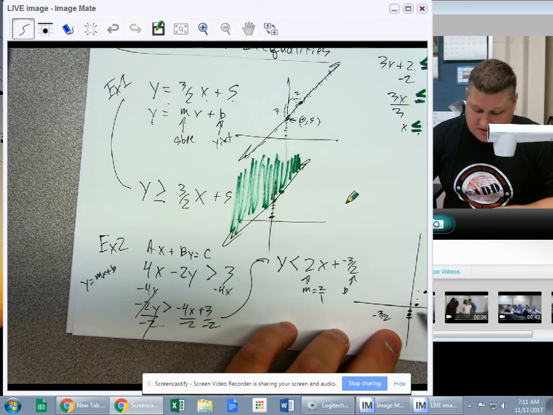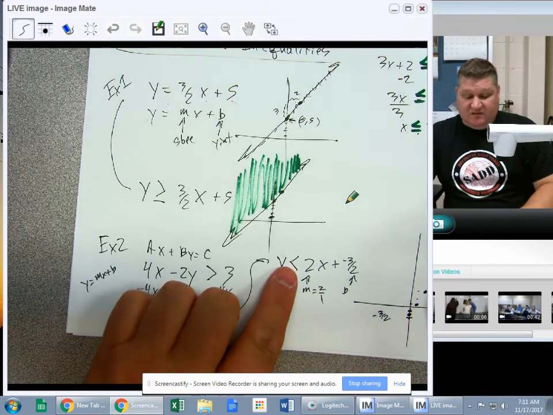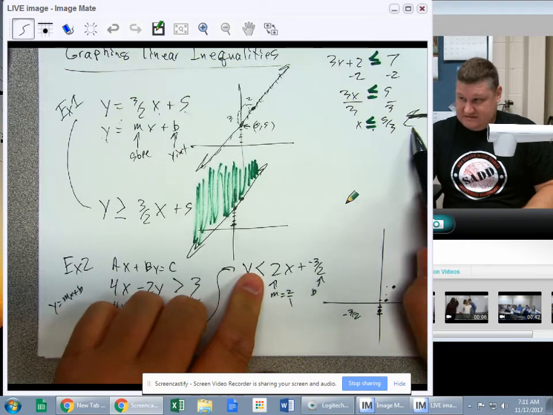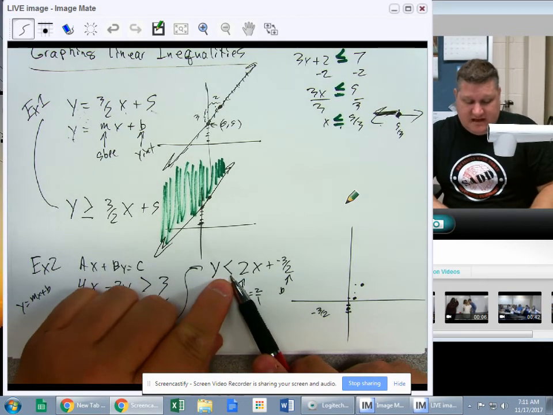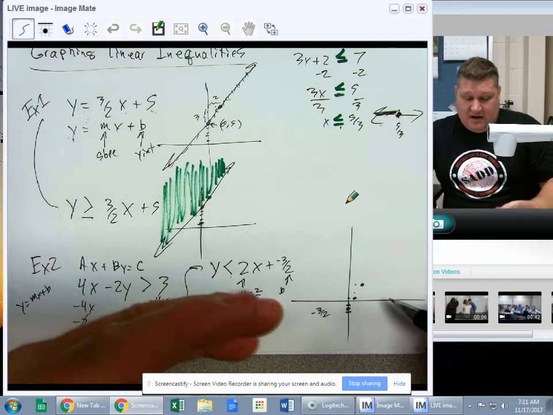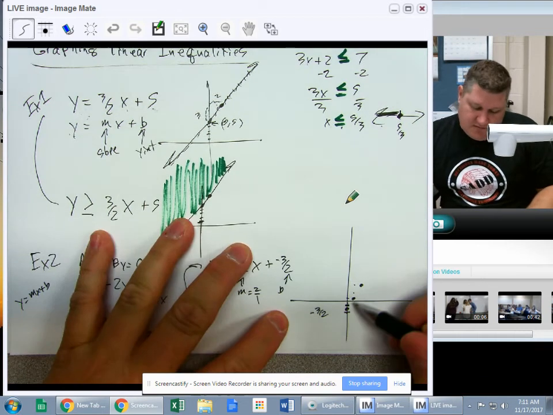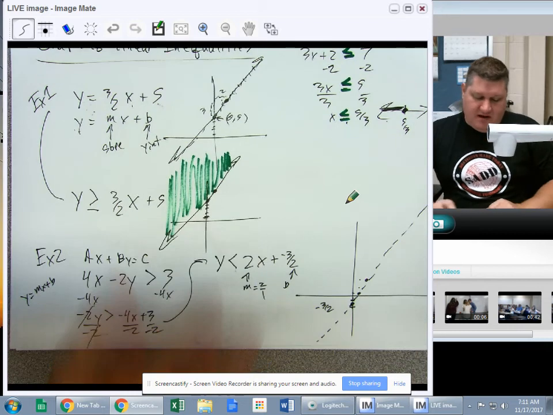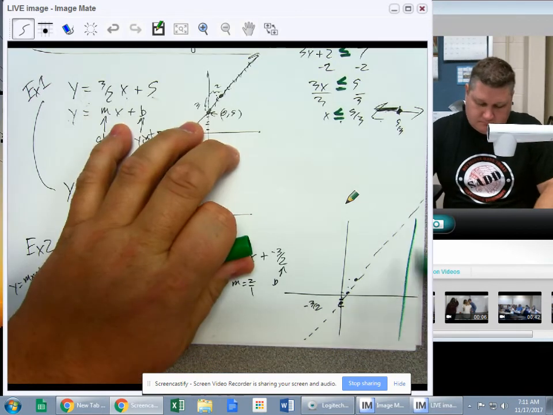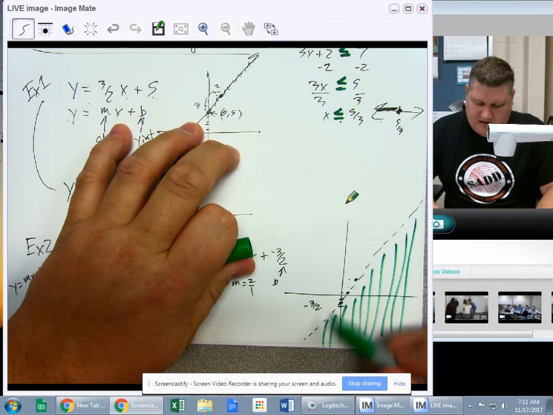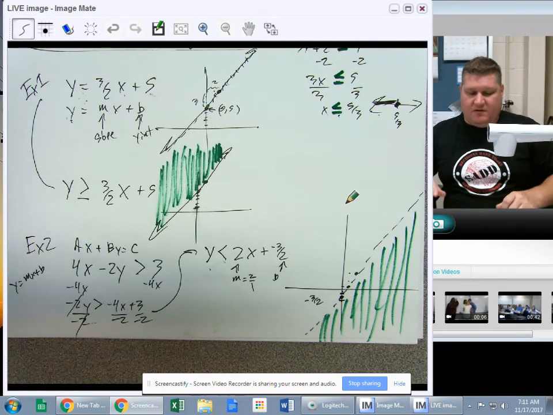I just did it twice so I can draw a better line. Just like when we had equal to, we had a solid dot. Here, I have less than, which means open dot. Well, how do I make a line that's an open dot? Let's make a dotted line. Okay, there we go. Because I switched the sign, y is less than, so I'm shading down here. All that area is what I'm interested in.